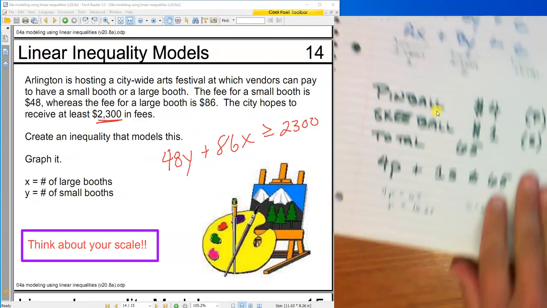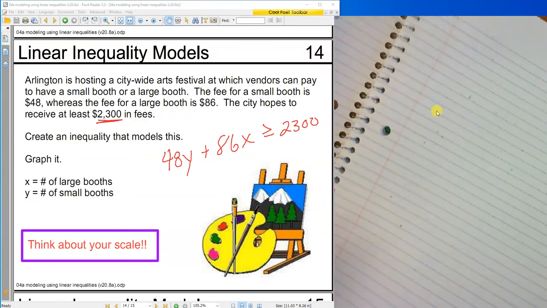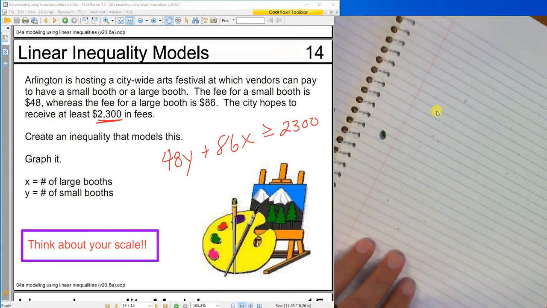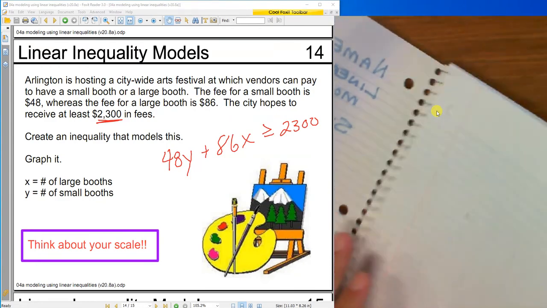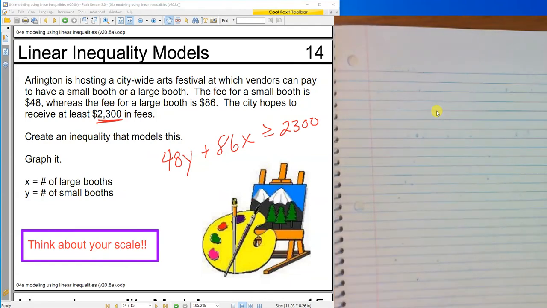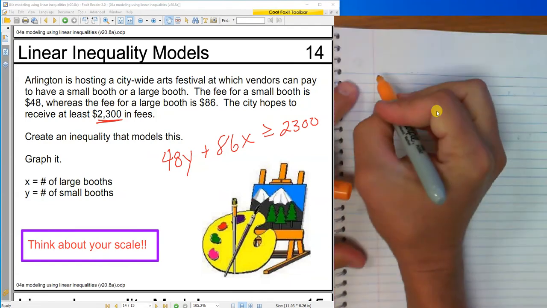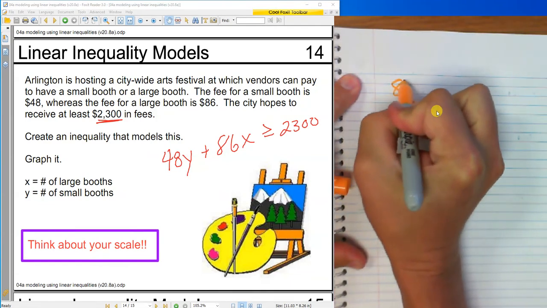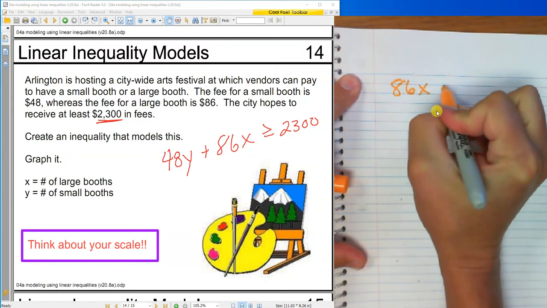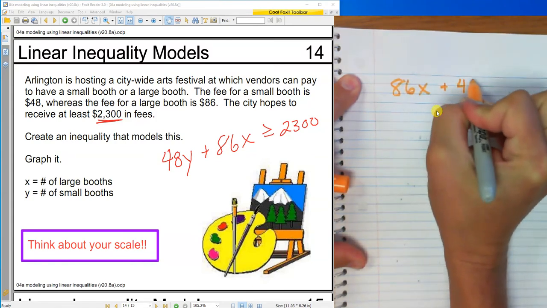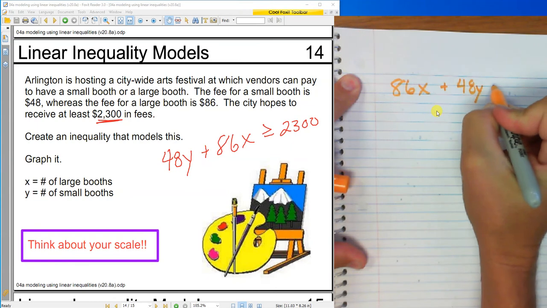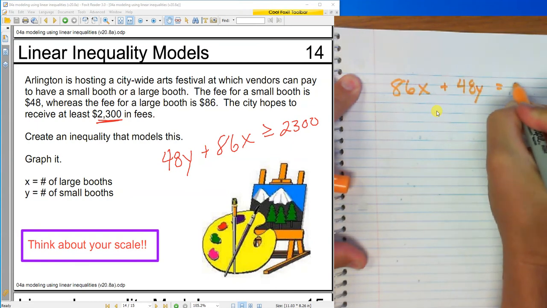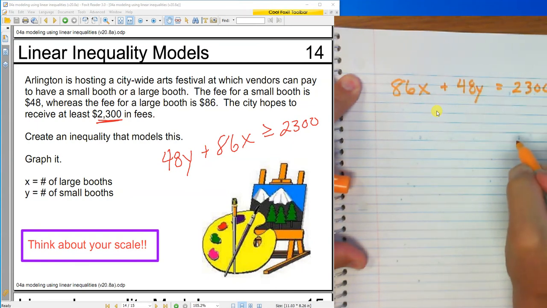I'm going to switch it around here. It's going to be 86x, just because I like to have x come first, plus 48y equals that.